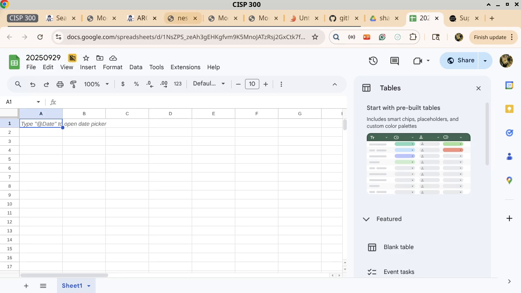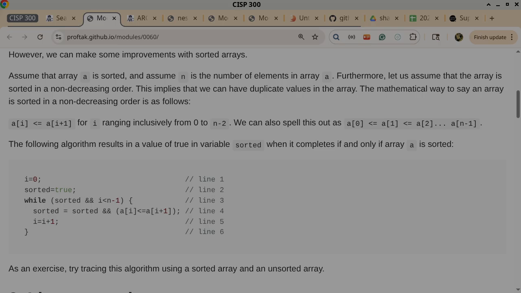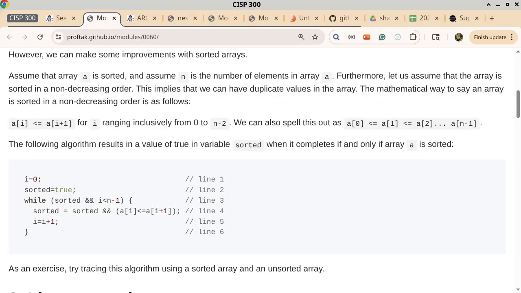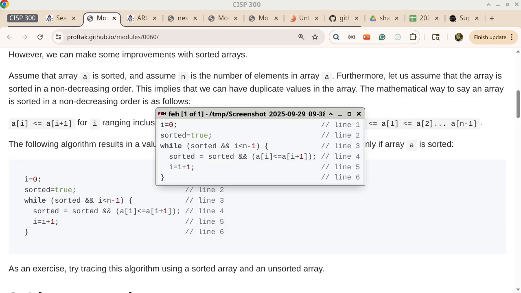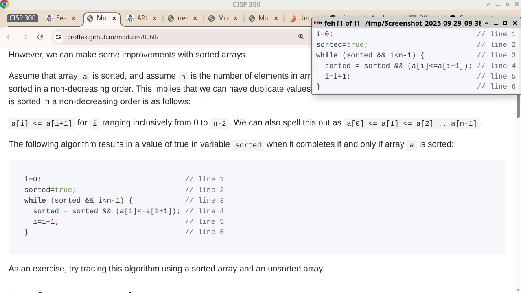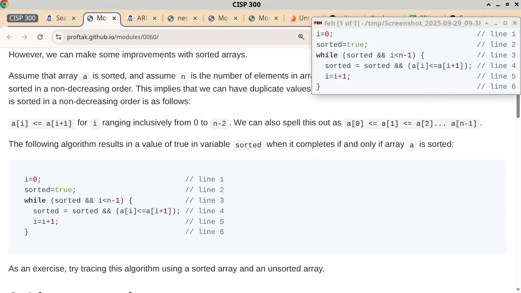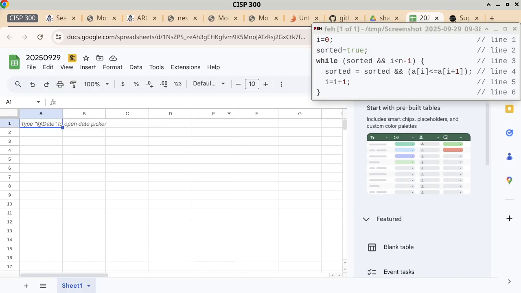The algorithm is already in the module, so I'm going to do the usual trick, which is taking a screenshot of the algorithm itself and putting it in the upper right corner, so I don't have to copy and paste it again into the spreadsheet. We stash it all the way here and make it always on top, so we can see it while the browser is on the spreadsheet itself.